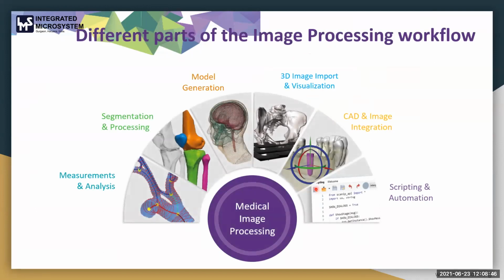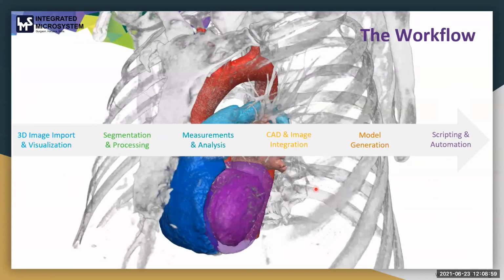These are the different parts of the medical image processing workflow. We will discuss these one by one. This is the typical workflow, we can say. We start with 3D image import and visualization of the data. We do the segmentation and processing.